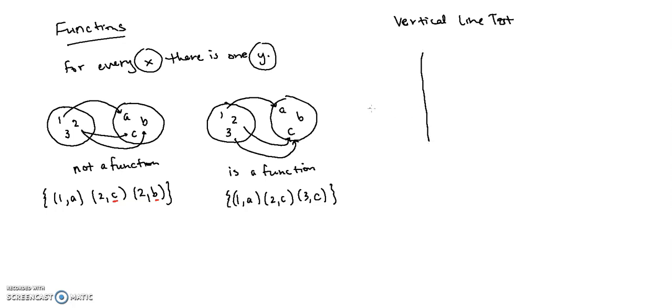Okay, it's a little bit hard to do without being in front of you, but the idea is we've got a picture, and I want to know every possible vertical line that I draw through it. Or you can take your pencil and pass it across. The pencil can act as your vertical line. The vertical line is acting as each x. For each x, we can see it only touches once. So for each x, there's only one y. So this is a function.